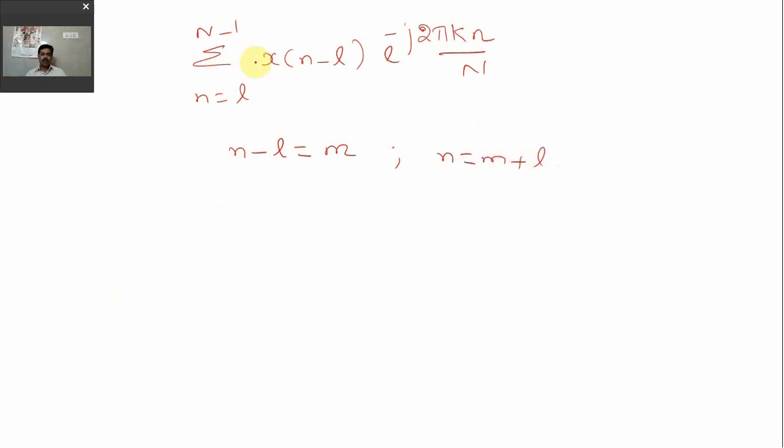Okay. Now here you put n is equal to L in this m, and you are putting n is equal to L, you are getting m is equal to 0. First one. When you are putting n is equal to n minus 1, n minus 1 minus L is equal to m, and this can be written as n minus L minus 1 is equal to m.